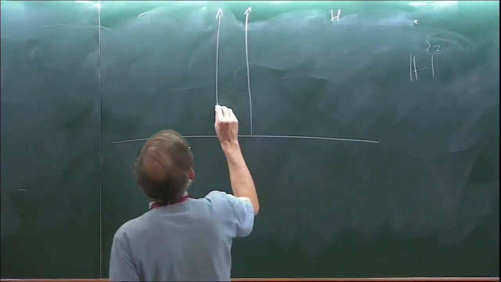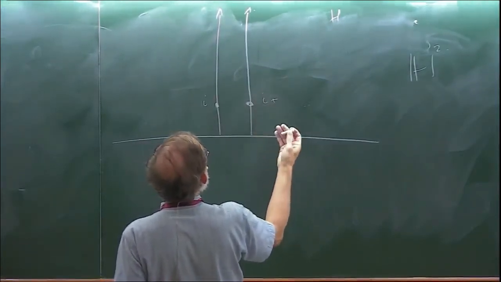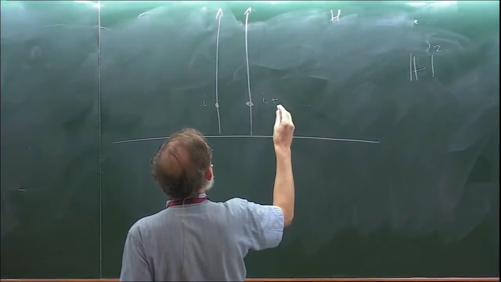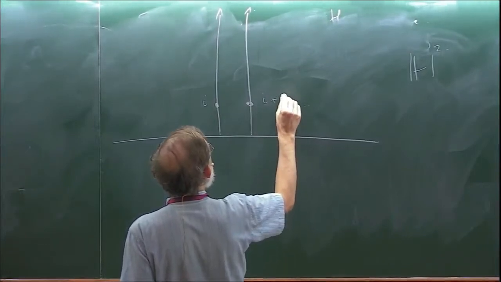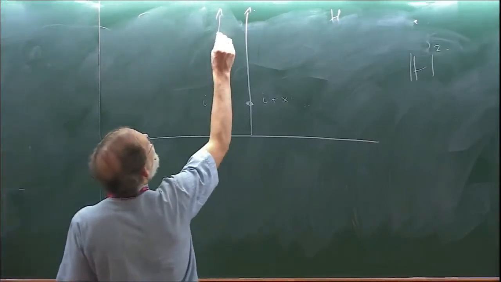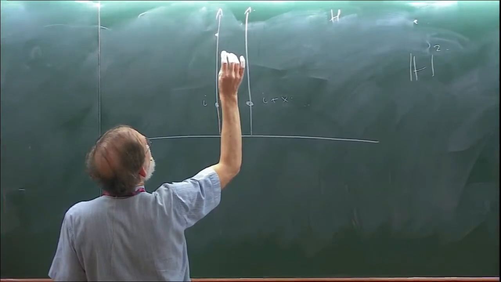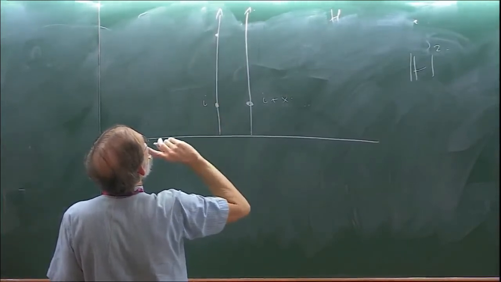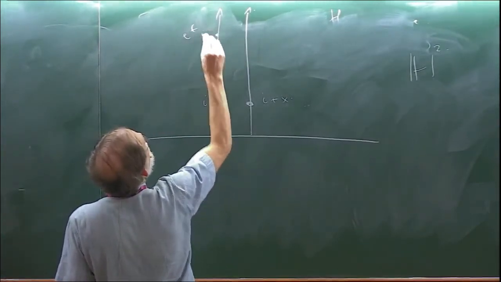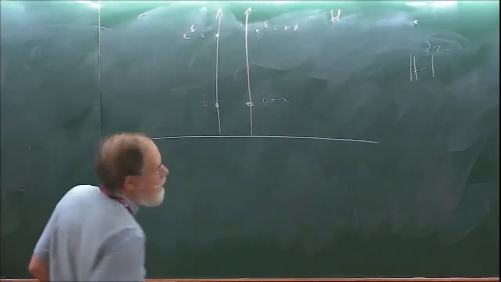And maybe one of them goes through i, the other one goes through i plus x. And I want to go up a ways. I want to get to e^t i and e^t i plus x.